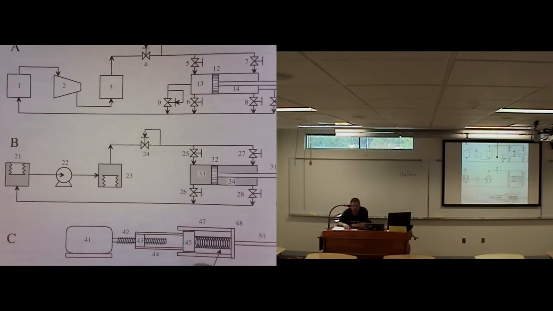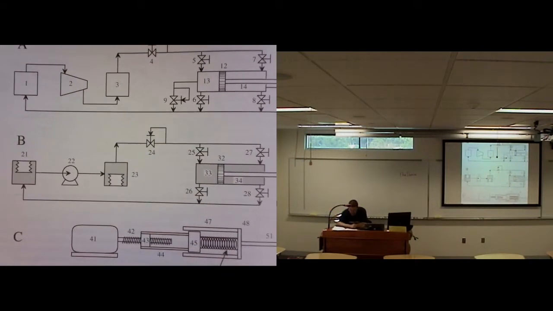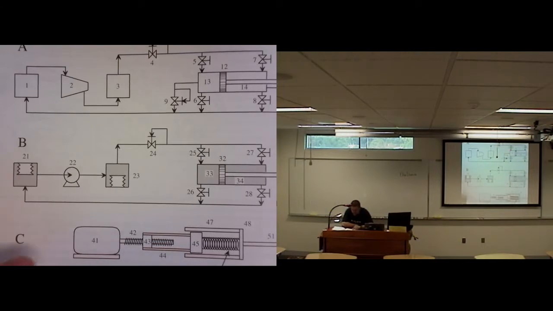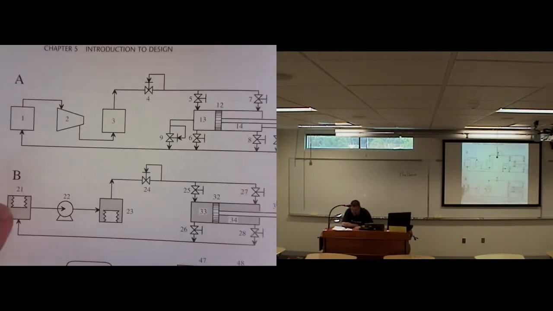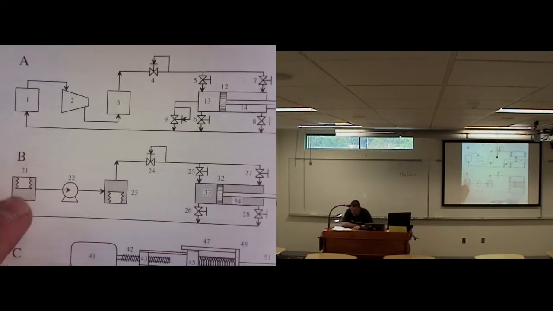And then this bottom one uses springs to actuate things. Actually, this one uses an electric motor and springs. The top one is actually pneumatic. That's the thing I misunderstood. This top one is actually pneumatic. This middle one is hydraulic, and the bottom one is electric.